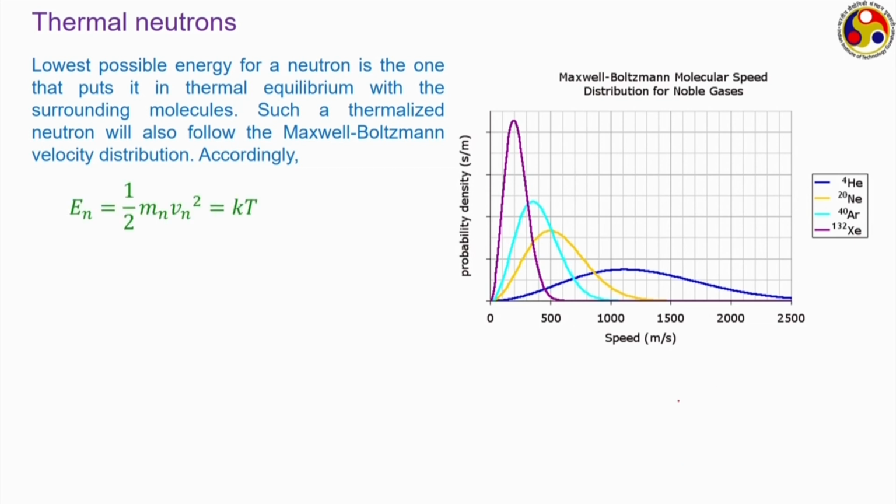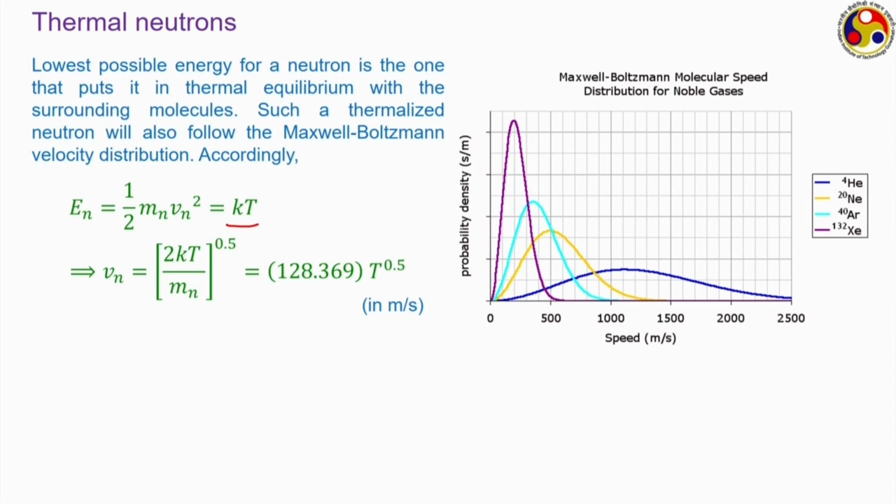Accordingly we can say that when a neutron has been thermalized, its energy will be equal to kT, where k is the Boltzmann constant and T is the absolute temperature of the surrounding, and comparing this we can derive that v_n is equal to 128.369 into root over of absolute temperature, where v is in meter per second and T is in Kelvin.